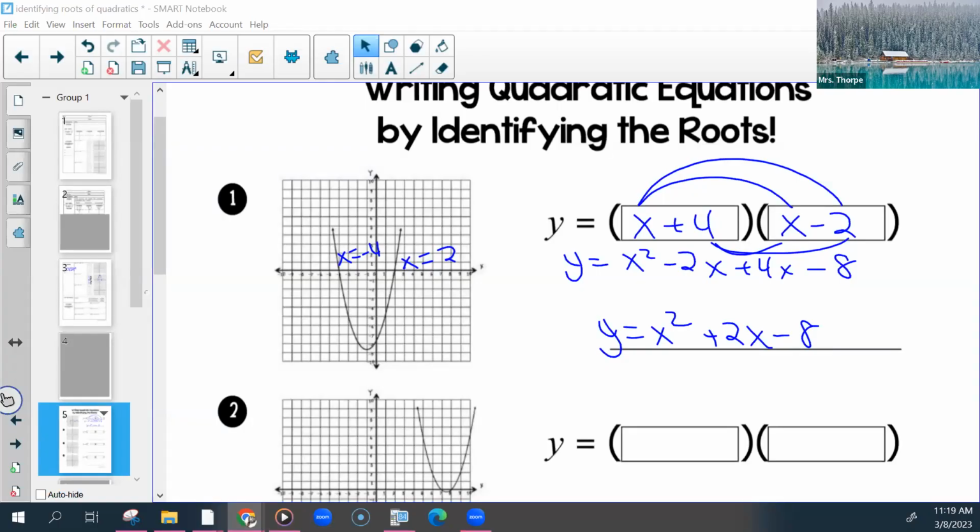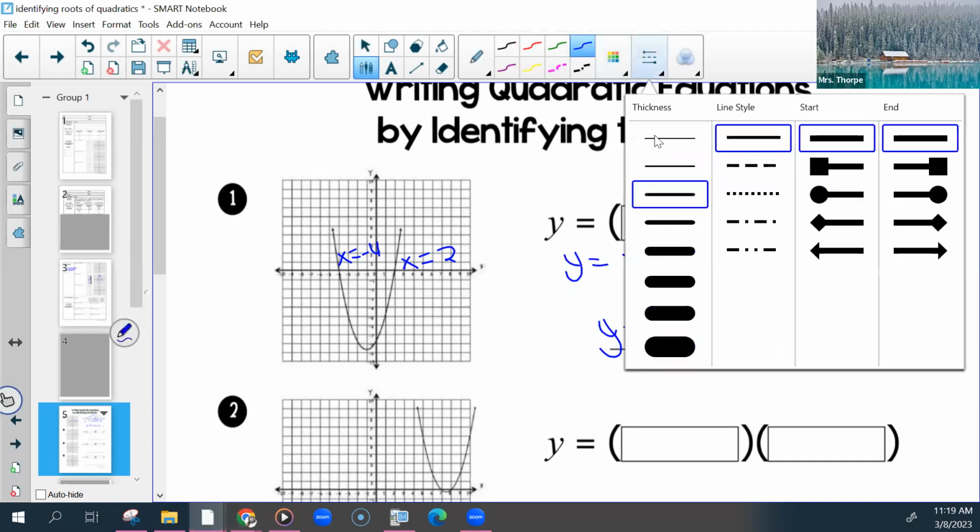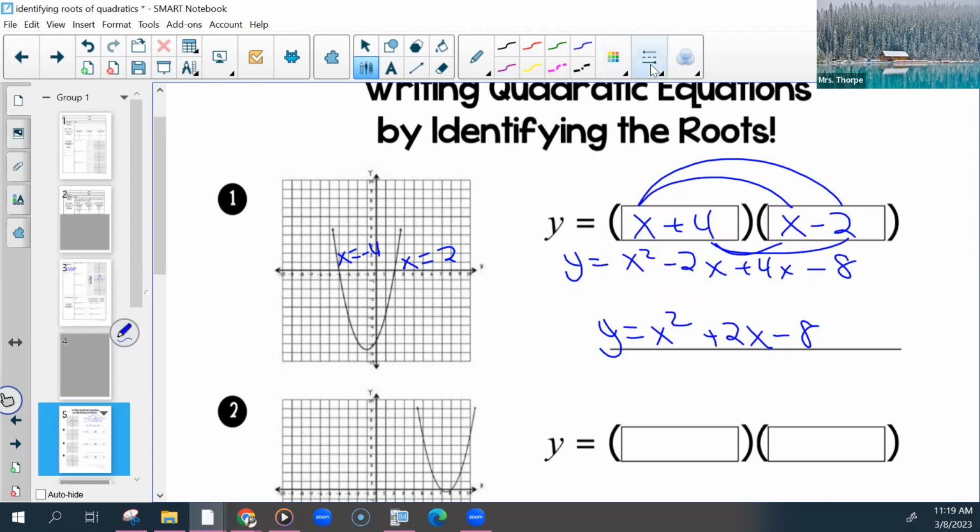Okay, so let's finish this. On the side somewhere, write these two things: x plus 4 equals 0 and x minus 2 equals 0. Just somewhere off to the side.